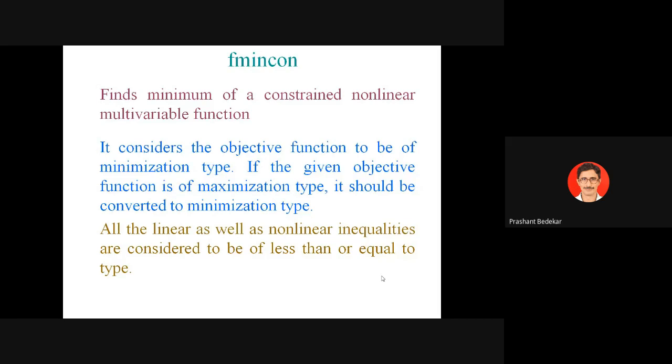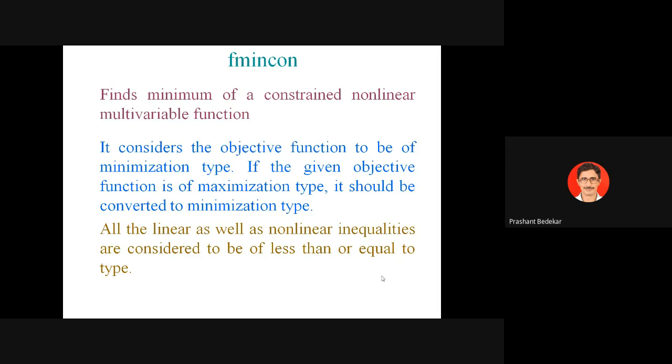In equality, again 2 categories: the problem can have a linear equality constraint or a non-linear equality constraint. So linear equality, non-linear equality, linear inequality, and non-linear inequality: these are the 4 types of constraints.